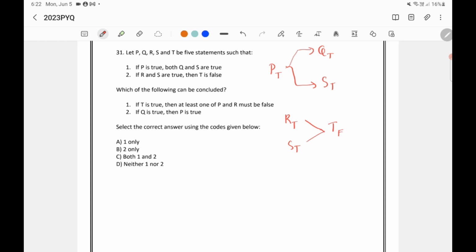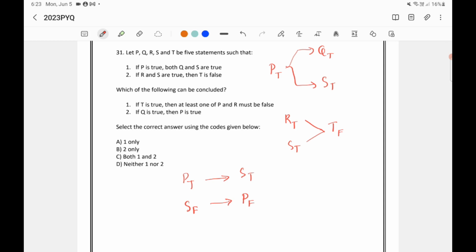So here, in order to answer this question, I will tell you some things first. Remember that here it is said that if P is true, S is true. So if S is false, it means that P has to be false, because if P is true, S has to be true.